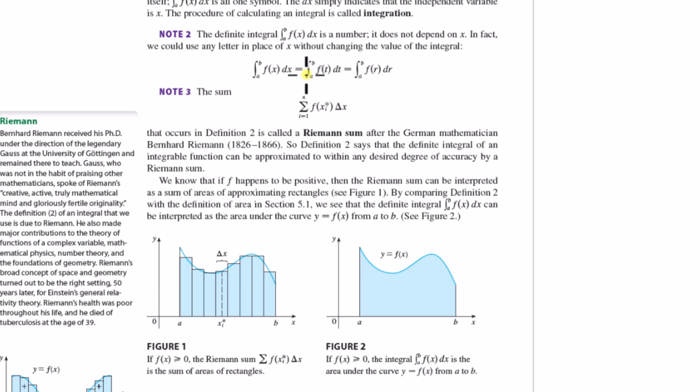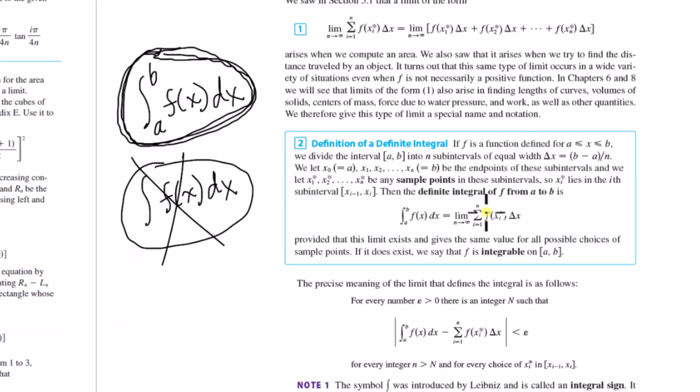That's what they're saying. Okay, now the sum here, it says this occurs in definition 2, and it's called a Riemann sum. So what is this? If we come back, they're talking about this here. It's this portion of the infinite sum tool.